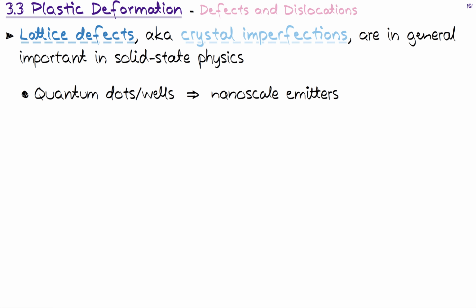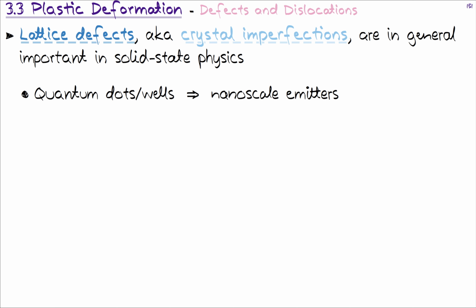They, for example, can be used as nanoscale emitters or absorbers of light. So essentially, they are quantum mechanical structures where we very intentionally break up the band structure of a solid and give rise to defect states.